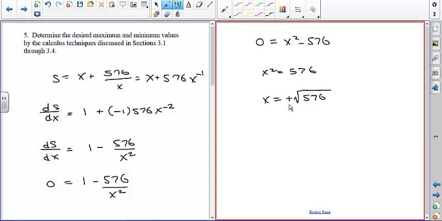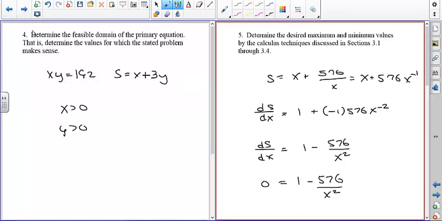Normally we would do plus or minus, but because the domain is limited to positive numbers, we're going to just use the positive root. So the square root of 576 is 24. So that's 24.